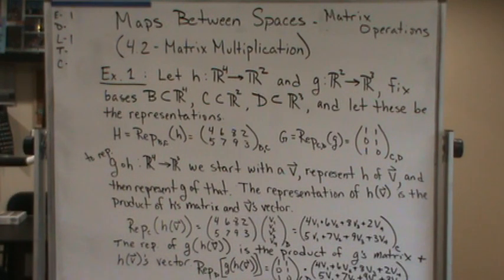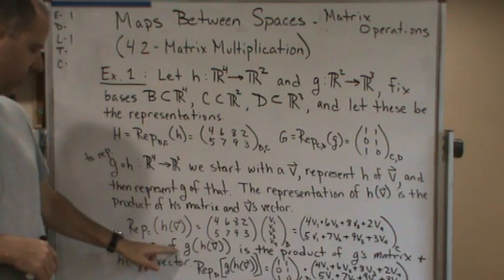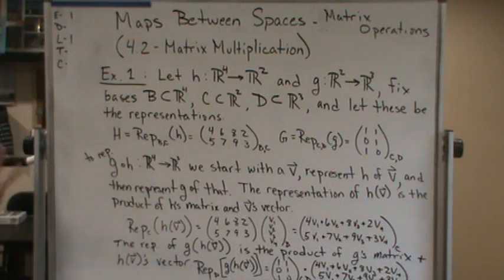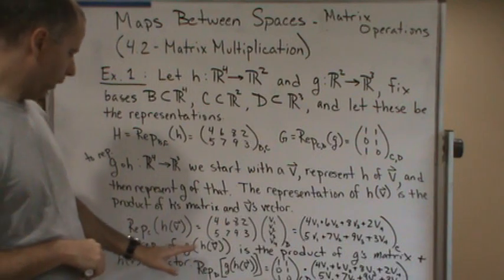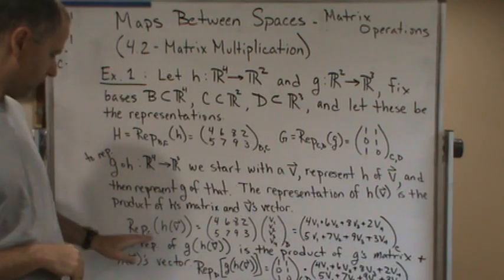Now what we're going to do is we're going to get the representation with respect to D of the composition of G of H of V. So now this is where the last step is. Okay, so now, well, we already know this, the representation here.